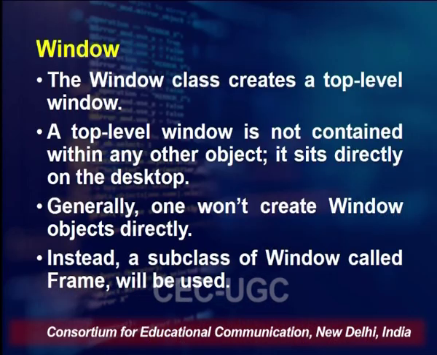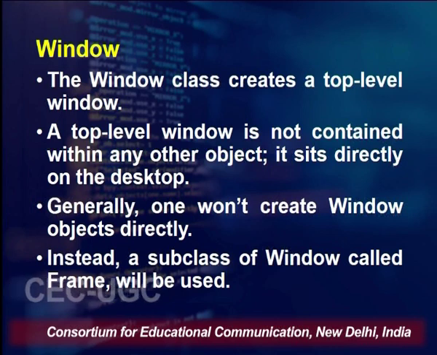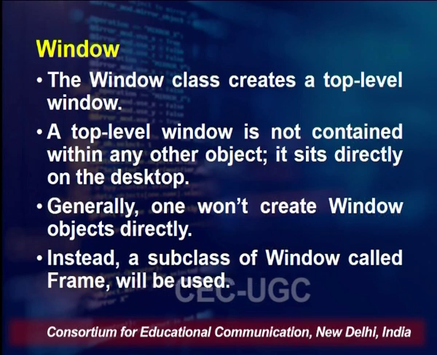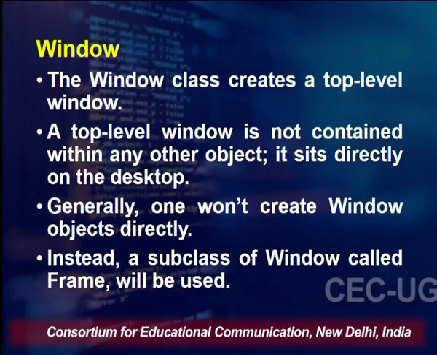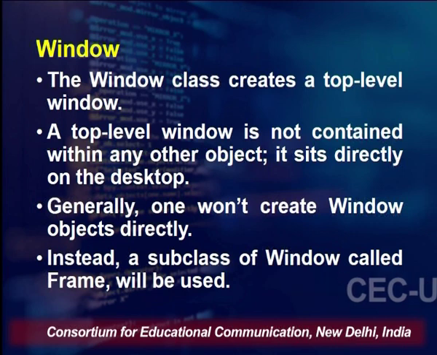Now, panel was a subclass of the container. The other subclass of the container was the window class. The window class creates a top level window, and this top level window is not contained within any other object. It sits directly on the desktop. That means you cannot have that window within a panel or something of that sort. Generally it will not make any sense to create a window object directly.